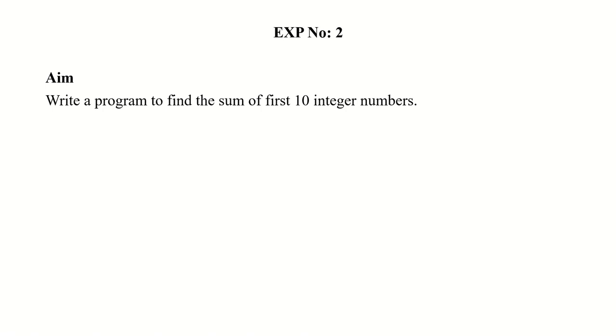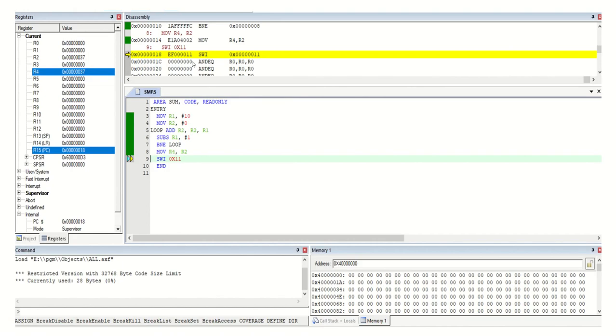You continue the same method till R2 reaches 0. Once R2 reaches 0, the answer is there in R1, right? Either you can represent that as the answer present in R1, that is the output, or you can store it in memory if you want.